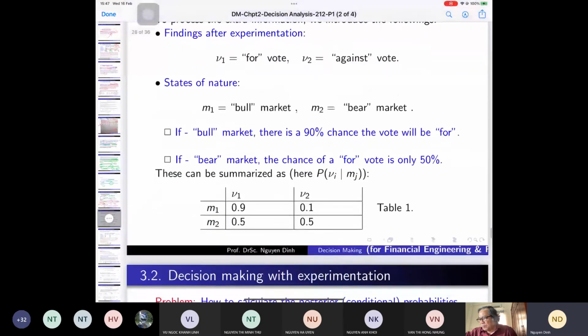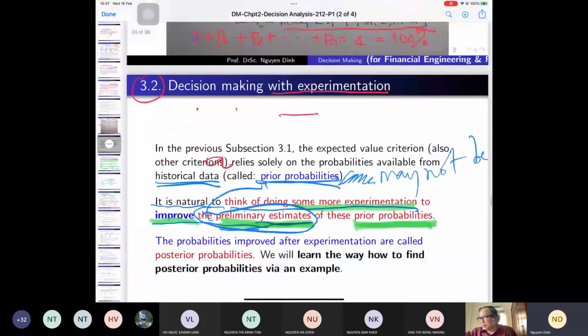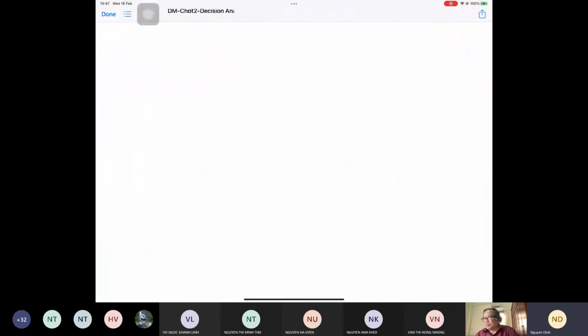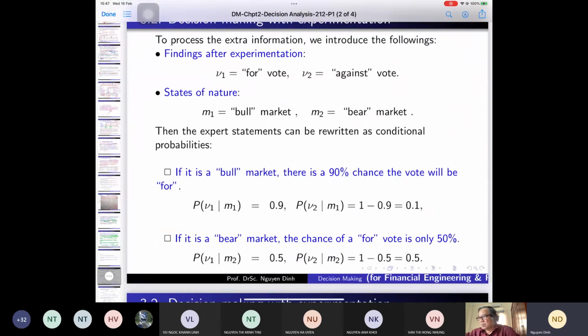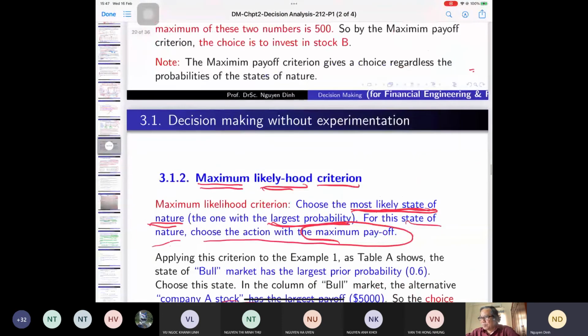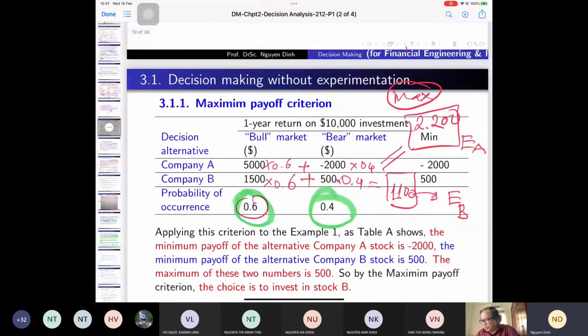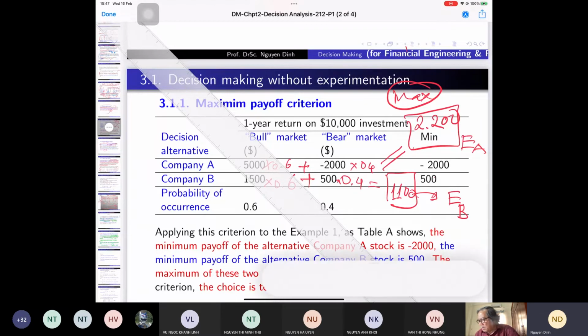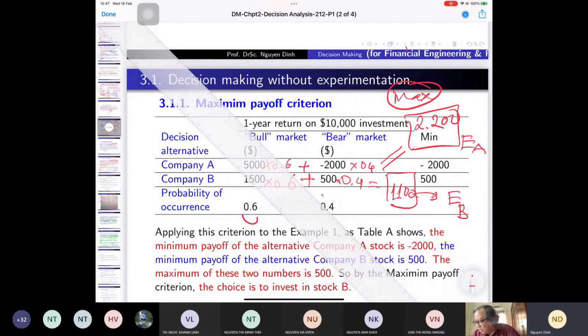But what do we need here? You remember? We want to improve these two numbers here.